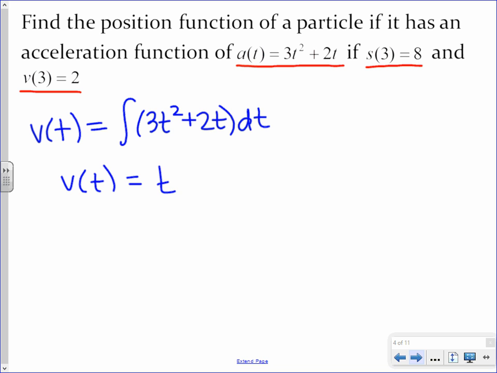T cubed plus T squared plus C. Excellent. What data point do we plug in? Which data point do we plug in to solve for C?